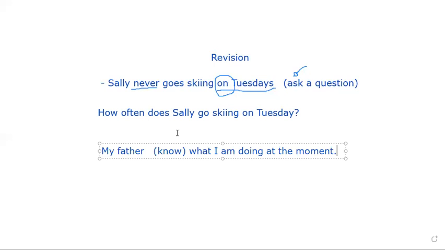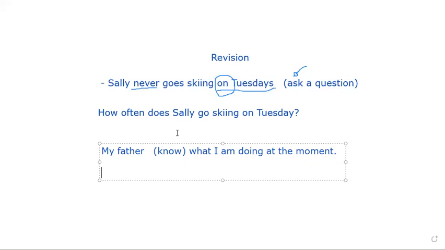Except when it's a state verb. We said before that stative verbs are verbs that do not get into the continuous form, even if the sentence is in the present continuous tense. That means that stative verbs are verbs that don't need an action to happen. They just happen, like perceptions, things that the mind does, like remember, forget, know, think, recognize, realize, and so on.